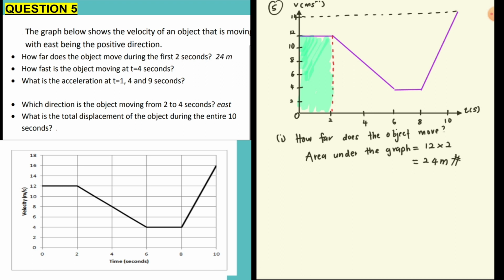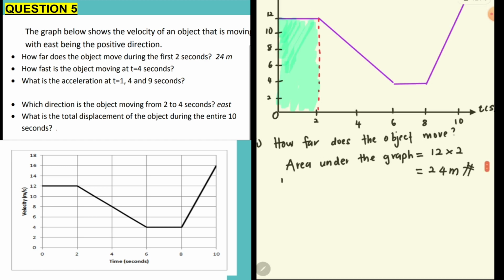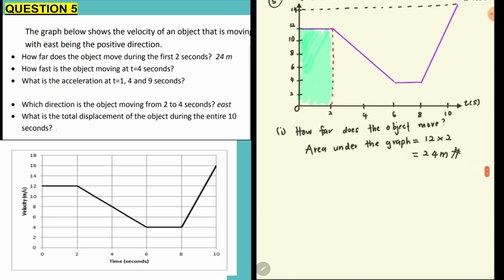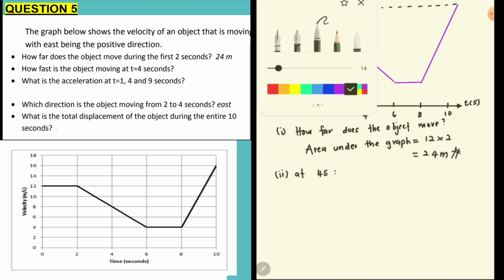How fast is the object moving at t is equal to 4 seconds? So we want to calculate the velocity. Actually, no need to calculate velocity. Velocity boleh dapat daripada graph, tak perlu kira. At 4 seconds, you can see here the speed is 8. Ni saya lukis sendiri.